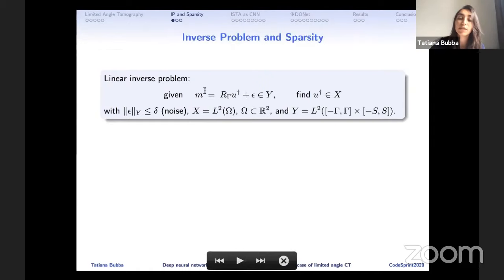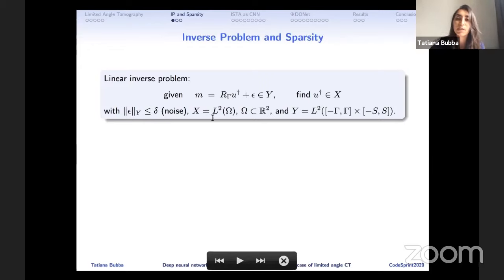We have the measurements, denoted in the following by M, which is given by the limited angle Radon transform R_gamma times U dagger, where U dagger is the quantity we want to recover, our true object, and there is some noise, epsilon, which is unavoidable when we have measurements. This models photon noise, but also some modelling error that might occur. And because we will need it in the following, the amplitude of the noise is controlled by delta.